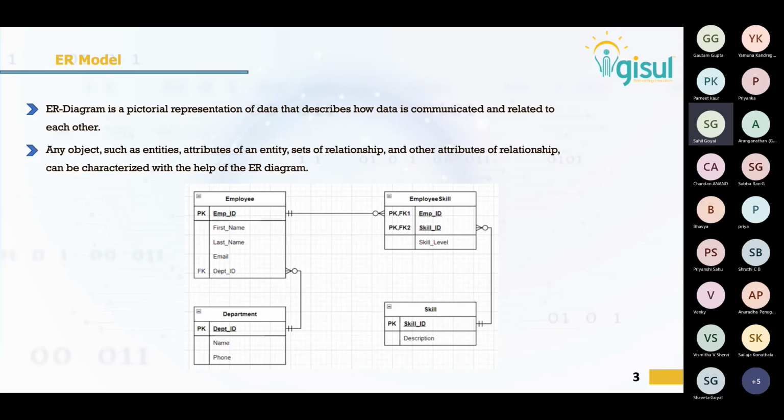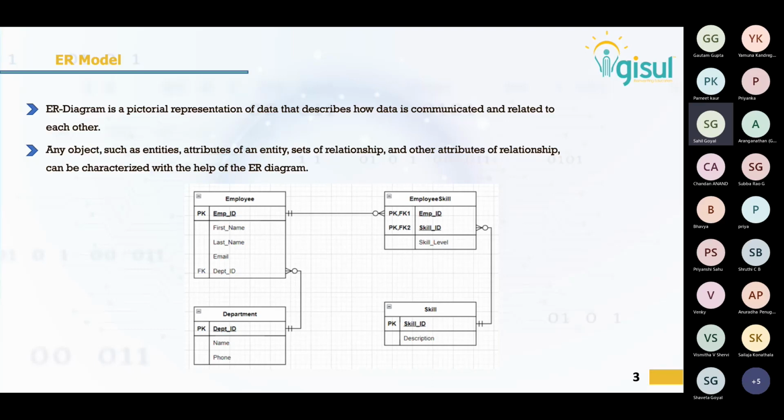So the attributes are basically the properties of an entity table, because when you talk about an entity as a whole, it needs to present certain information, and it presents that information through its attributes. So an employee can be represented with first name, last name, email, the department, right?